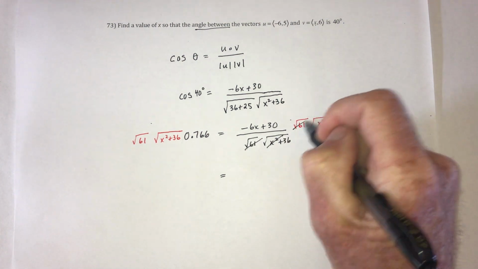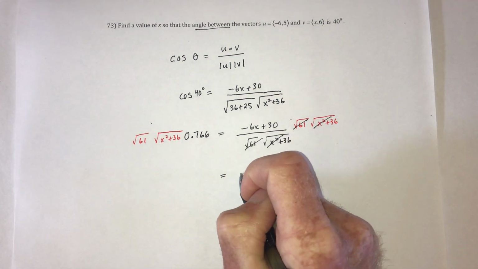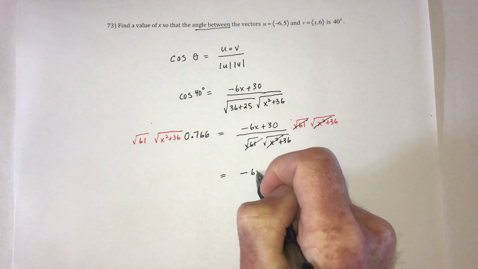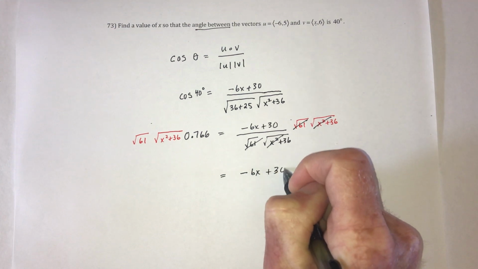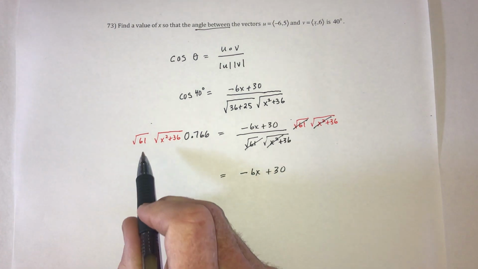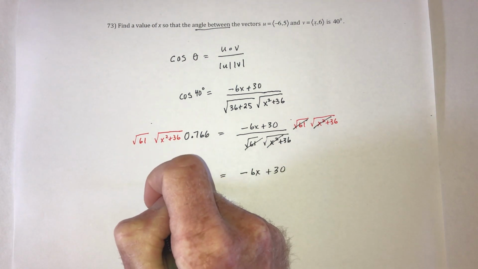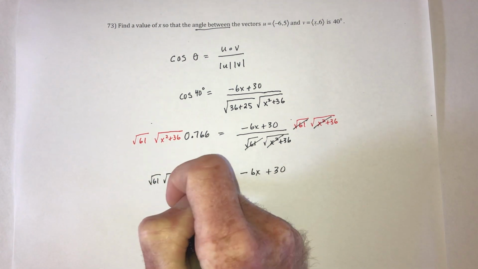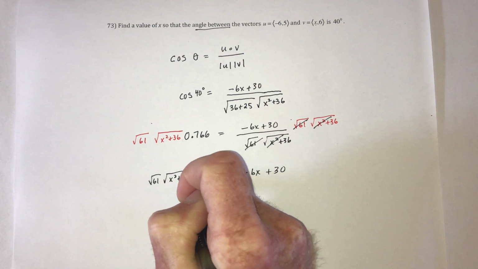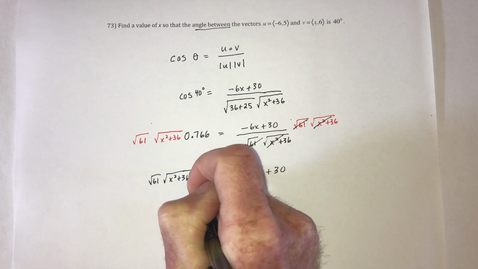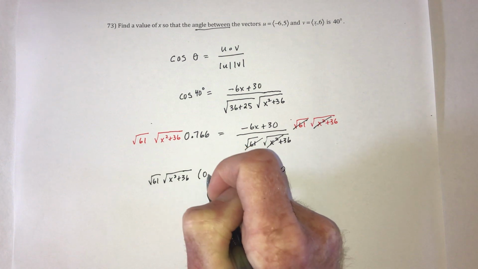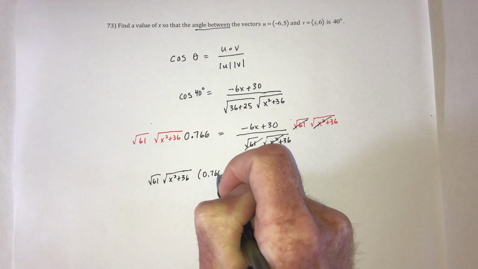So these are of course going to cancel, so on the right side all that's left is negative 6x plus 30. And then this, I guess I just need to write it down the way that it is. The square root of 61, the square root of x squared plus 36, and the 0.766.